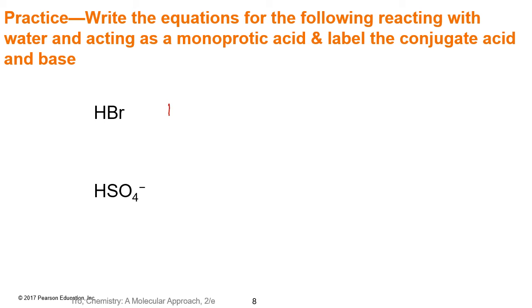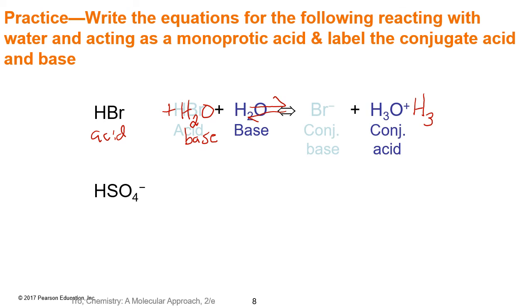We want to react it with water, and we're told that it is acting as an acid. That means that the water is going to be our base. So if the water is the base, that means that on the product side, the water is going to become a conjugate acid.